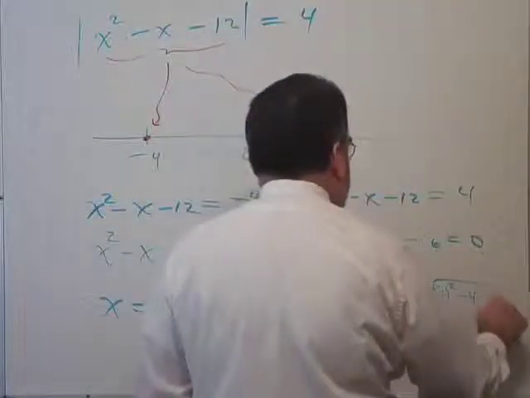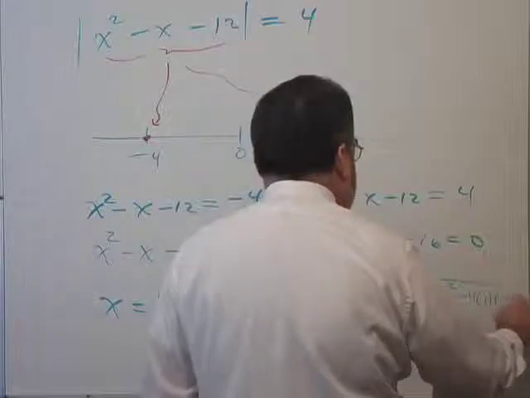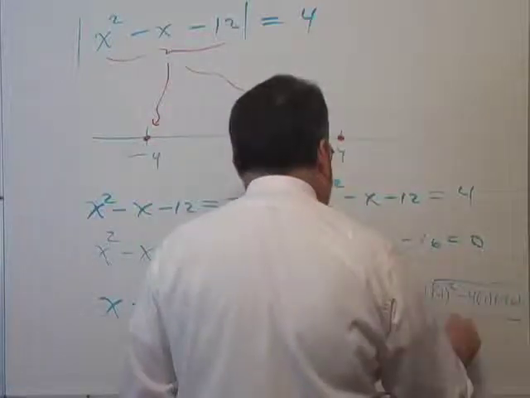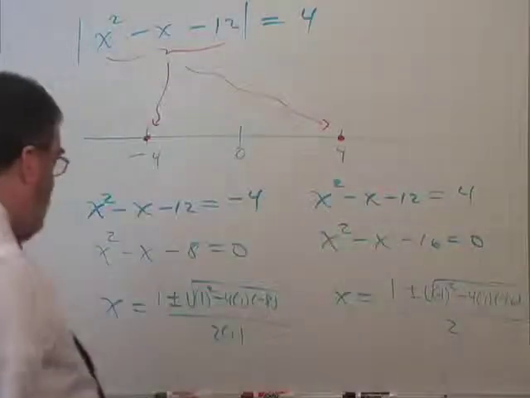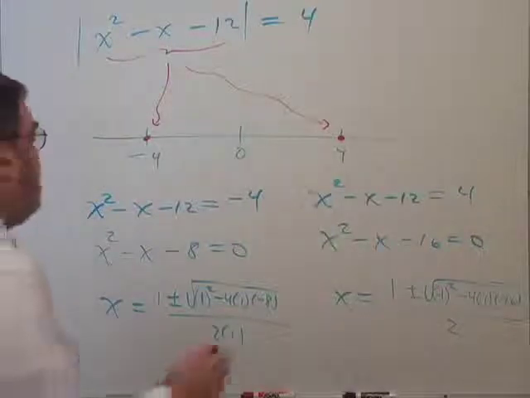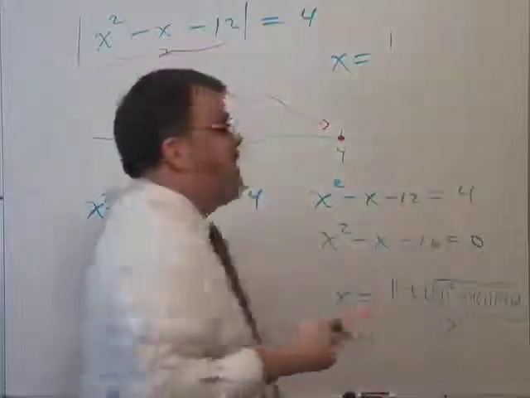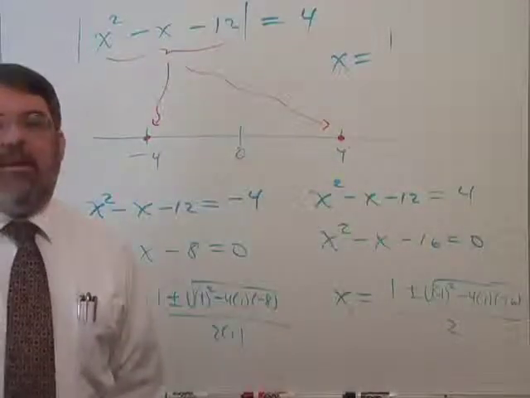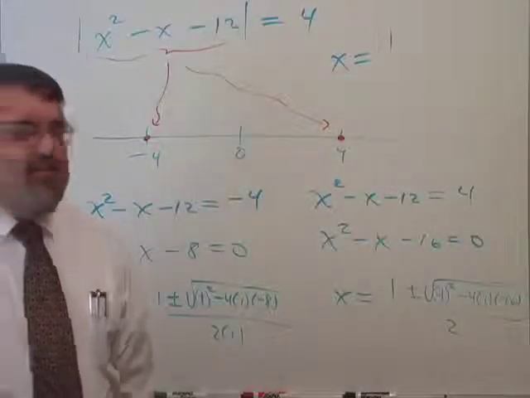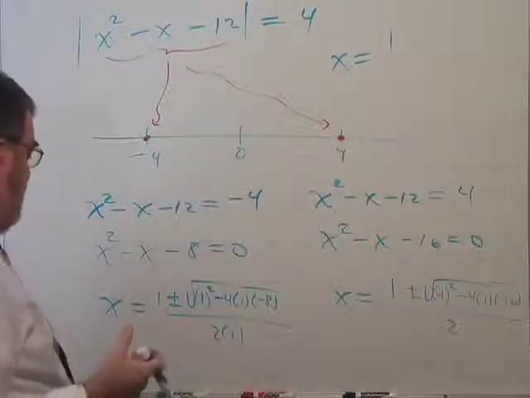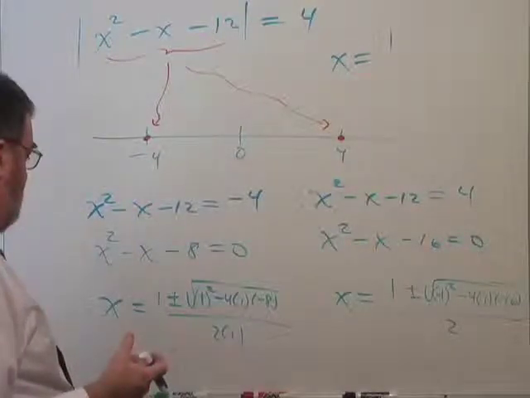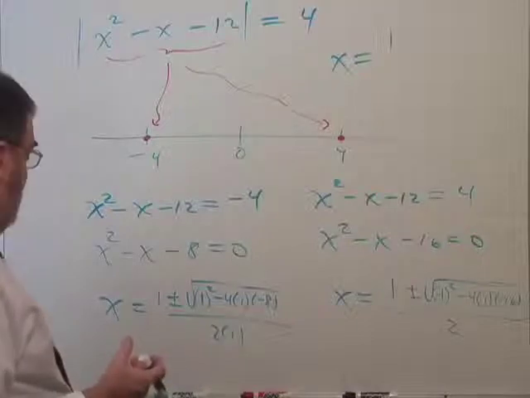Minus 4 times 1 times -16, over 2. So we end up with these answers, and I realize I'm working this very fast, but my main idea was to illustrate how you would work a quadratic equation in absolute value, and it's not really a big deal, except that you might have to do quadratic equations.